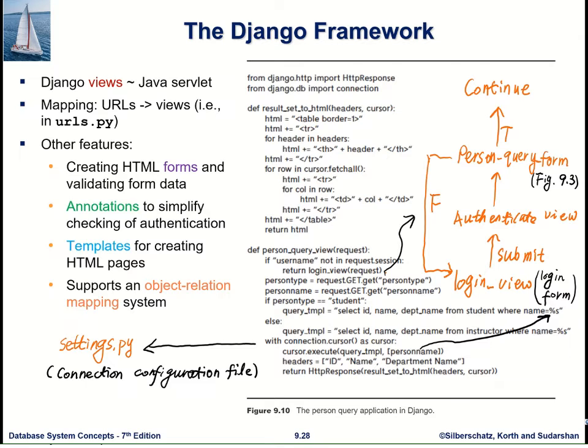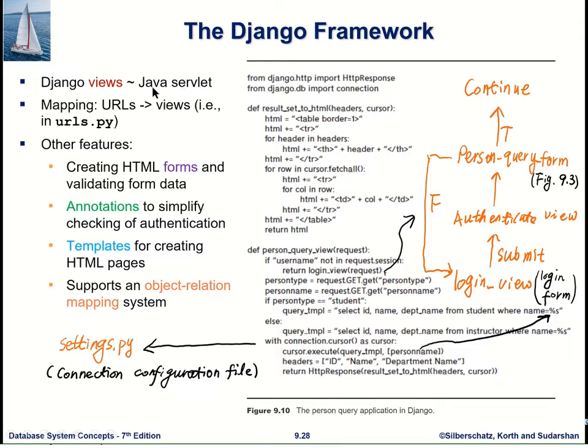Let's look at one example that will help us understand the Django framework. We'll look at the code first, and then we'll look at some other functionalities. But before we look at code, we need to explain some concepts. In Django, we use a new name for the code.